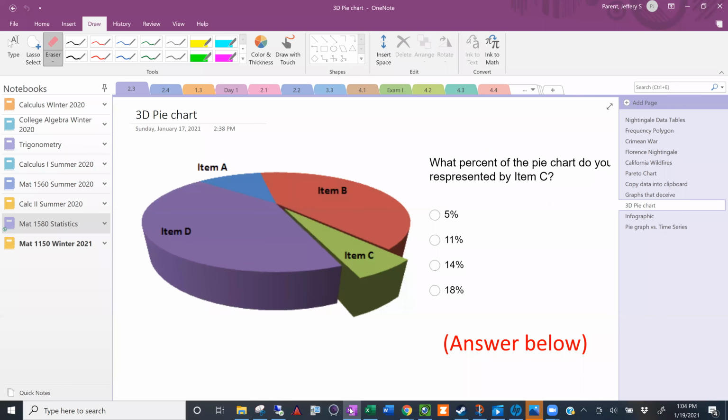So what percentage of this object do you think was represented by the wedge C? 5%, 11%, 14%, 18%. If we can get a few more votes in, that'd be great.